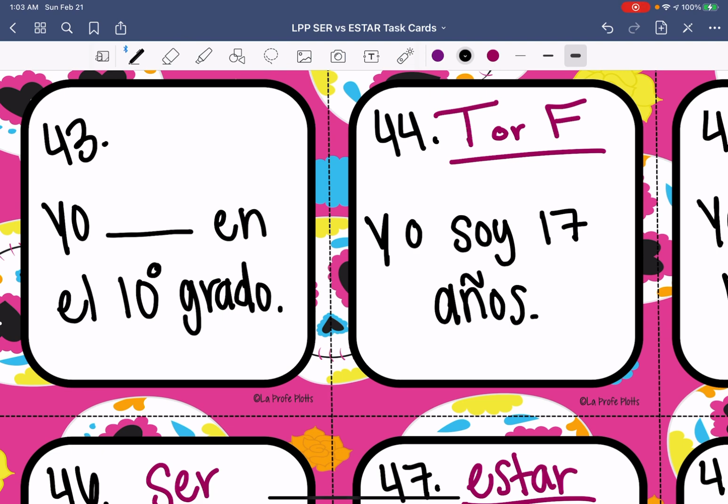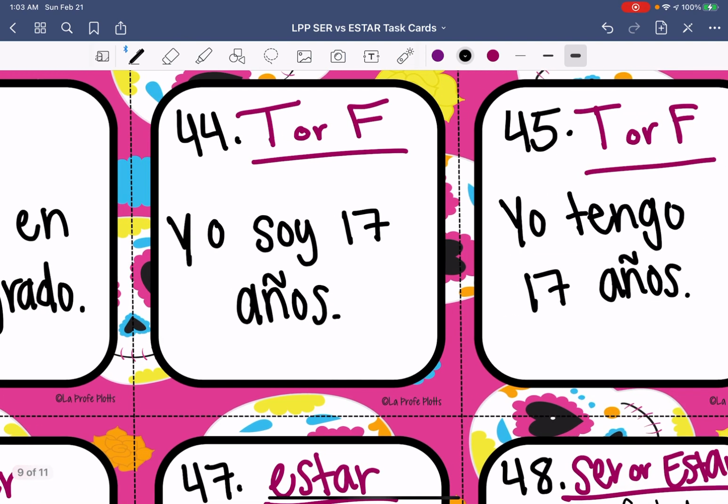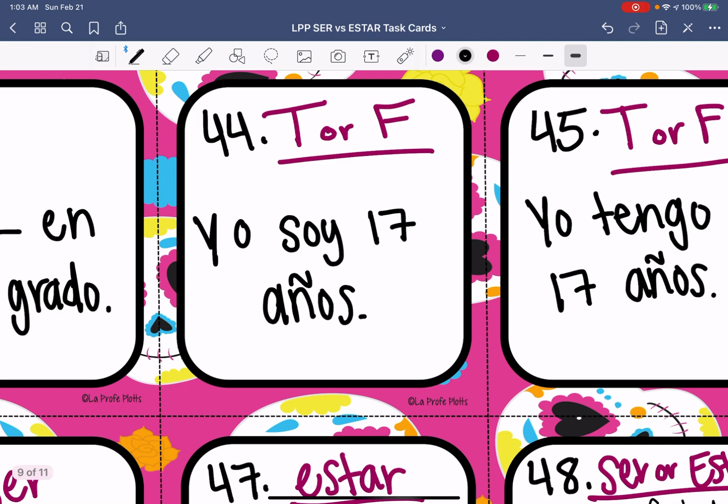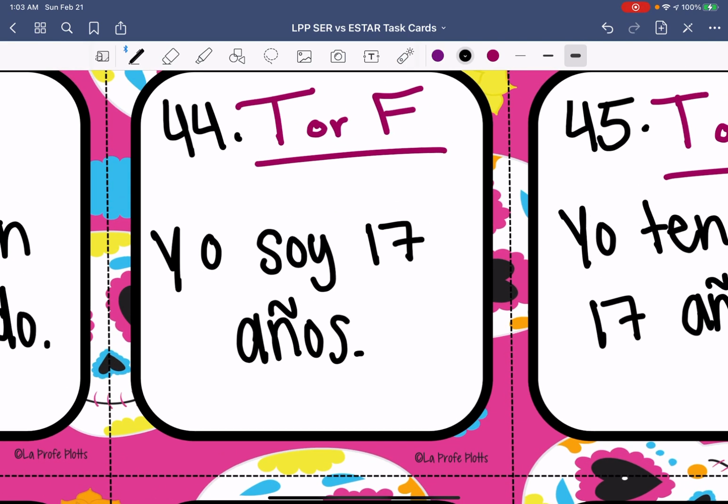Okay, number 44. You are going to write the letter T or the letter F. T for true, F for false. So, is this sentence written correctly, true or false? Again, this is also another one that came up in your videos that I noticed many of you said incorrectly.